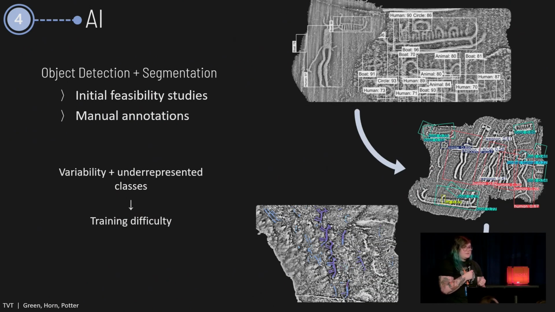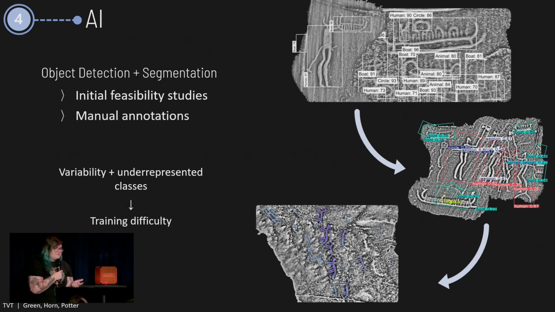So shifting a bit towards why we developed a tool to begin with. We've had a range of pilot studies, investigations on AI tools. We've gone from the very basic object detection with Faster R-CNN around 2020.